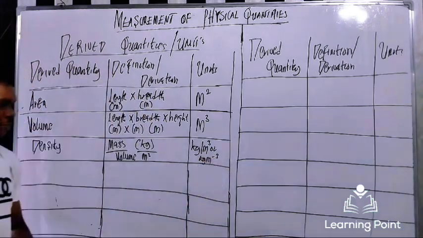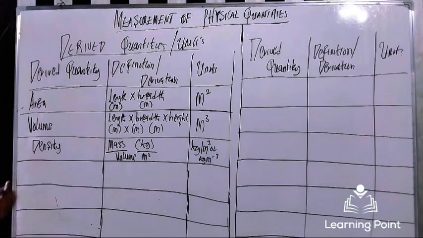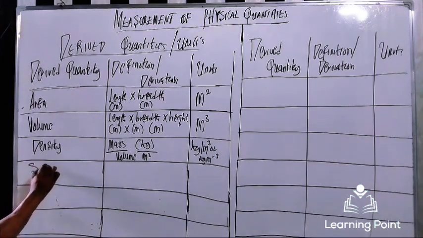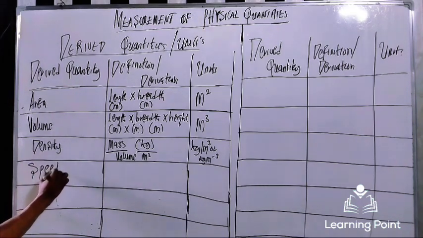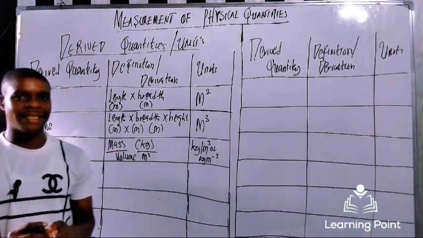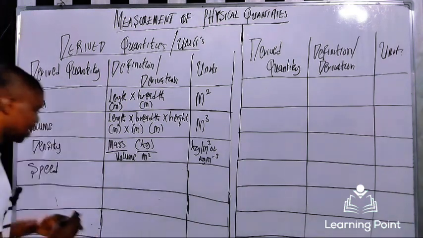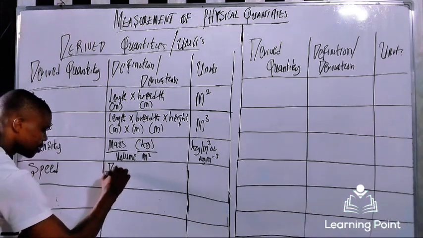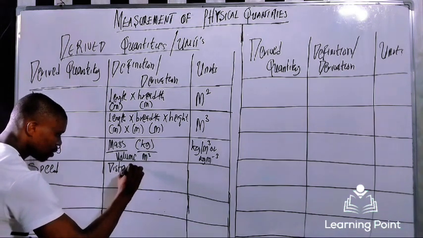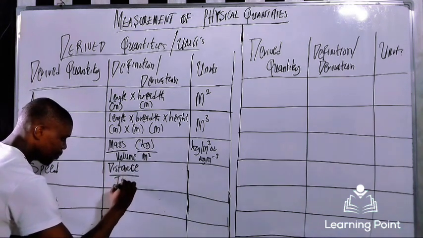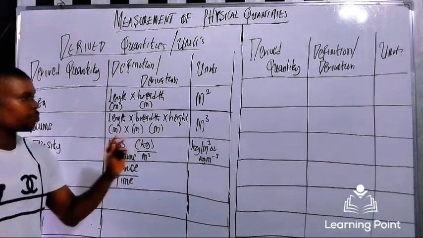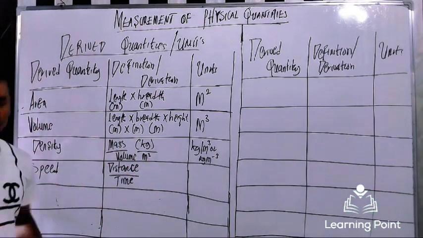Very important. Next one is speed. Speed is distance over time. As a physics student, you must know all these definitions. They are key.